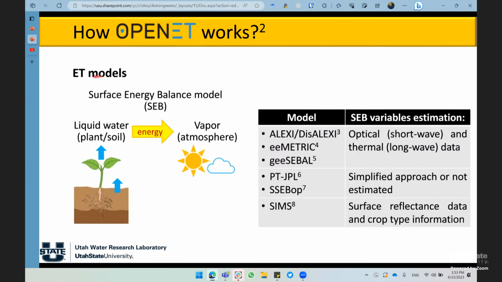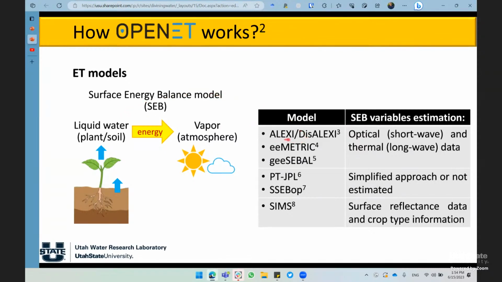So OpenET uses ET models that are basically surface energy balance models. These models try to figure out the amount of energy that the plant and soil use, so liquid water is transformed into vapor that is released to the atmosphere. They use six models, and they have different ways to approach the variables of the surface energy balance.